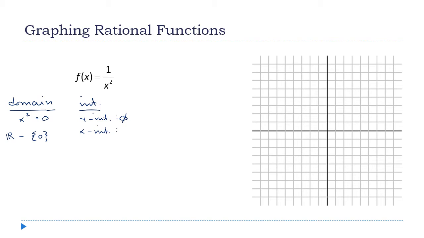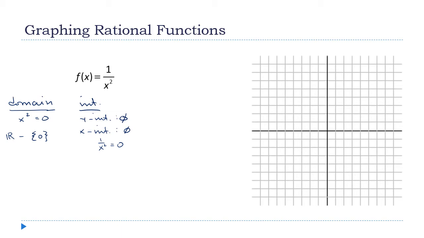I have to solve this equation, 1 over x squared equals 0, but that doesn't have any solutions. A rational expression equals 0 whenever its numerator is equal to 0, and the numerator on this thing is always 1. Okay, so it doesn't have any. All right, well, that's interesting.